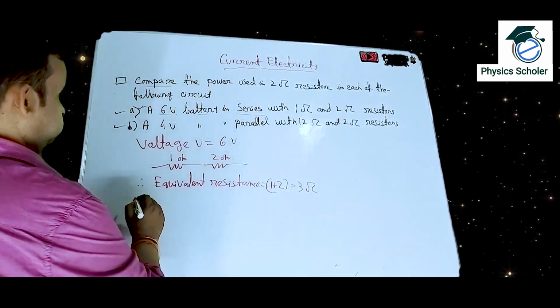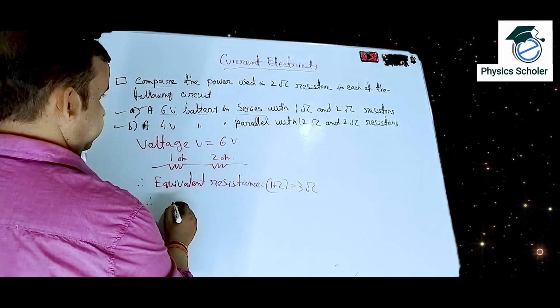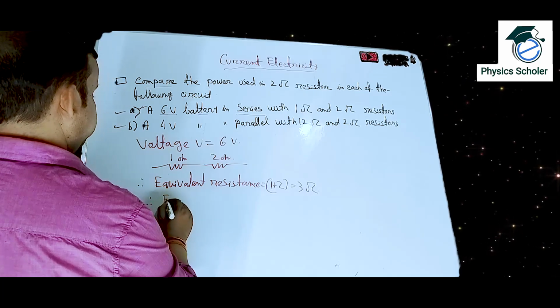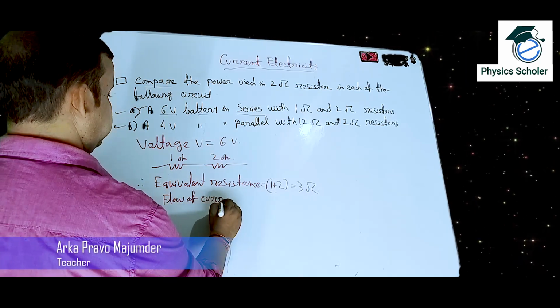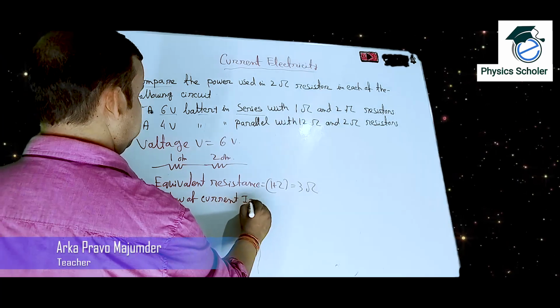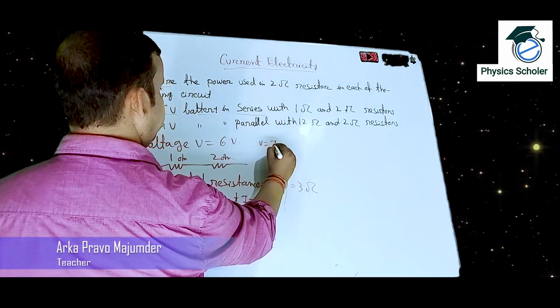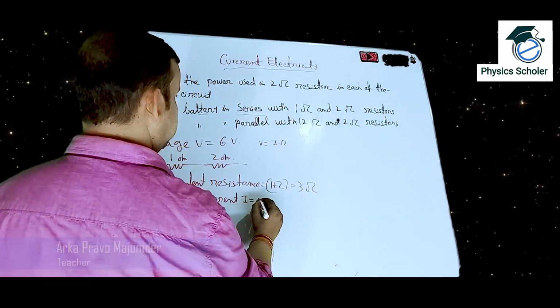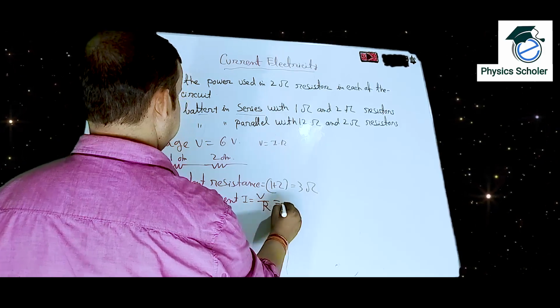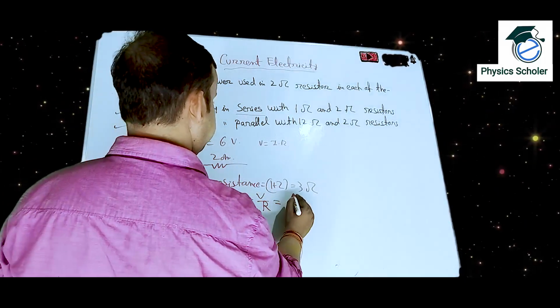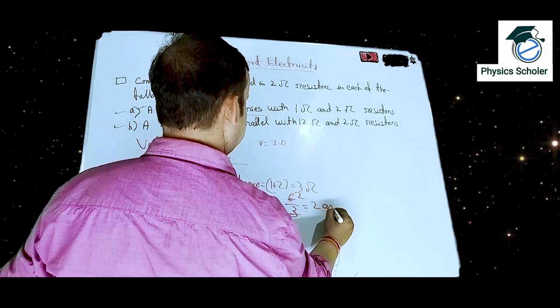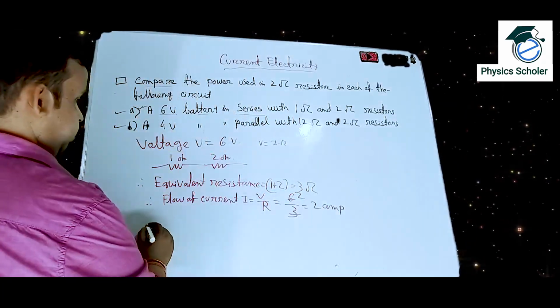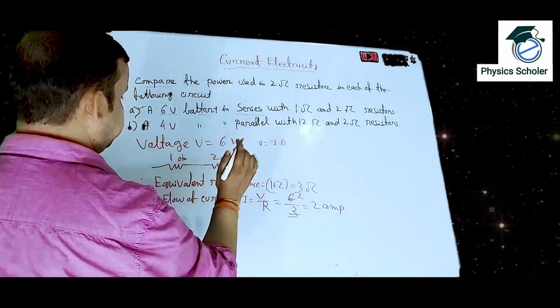Okay. So the flow of current I is equal to what we know, V is equal to I into R. So I is equal to V by R. So what is the value of V? 6 by 3. That means 2 ampere. Flow of current will be the same in case of a series circuit.